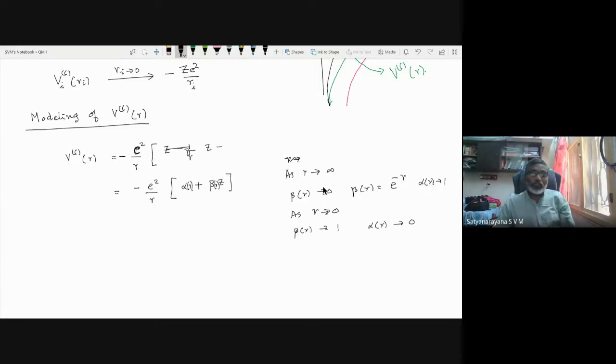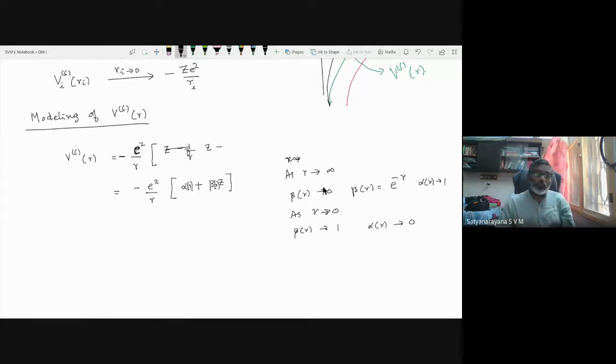Now let us say alpha of r is such that as r goes to 0 that becomes 1.